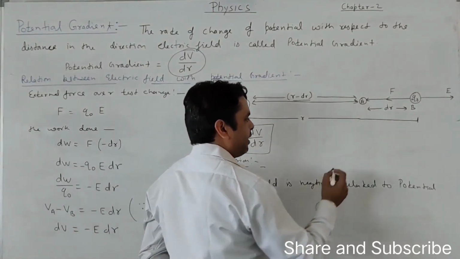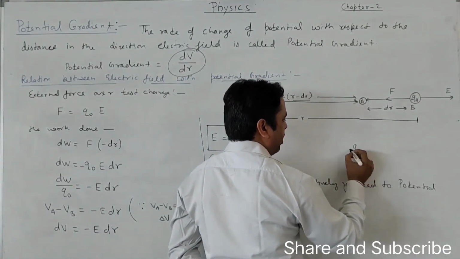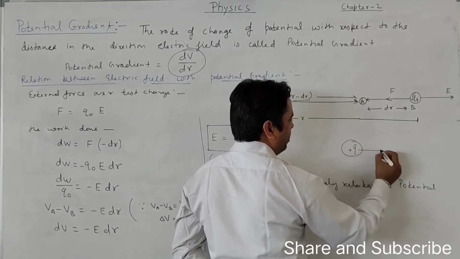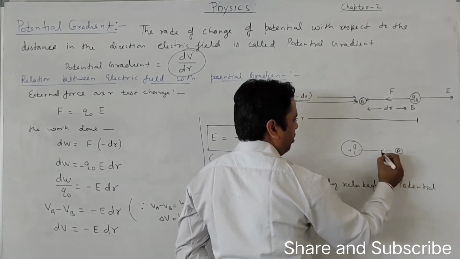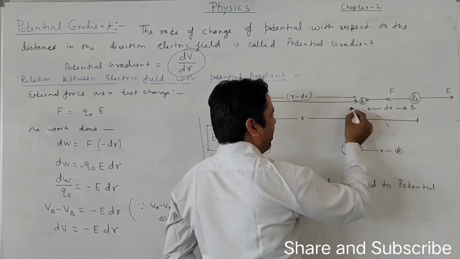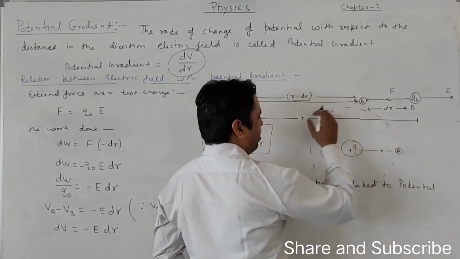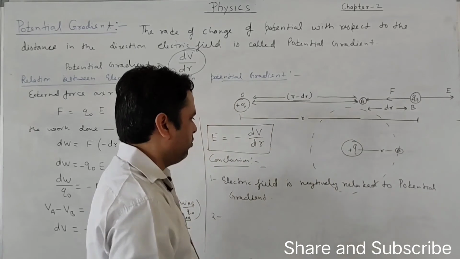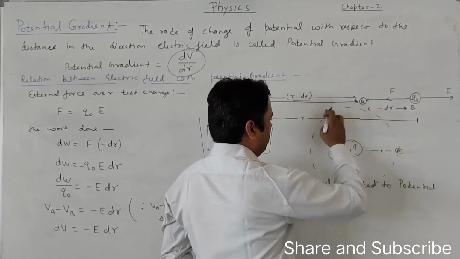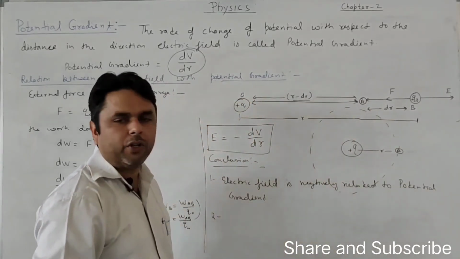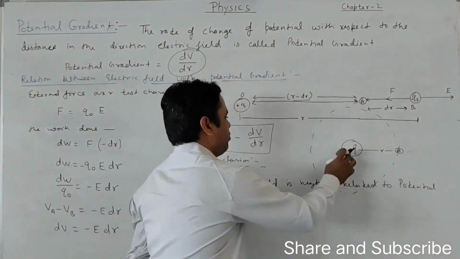If the charge is here and we have the point A at distance r, then around it, at the same distance, the potential will be the same. This imaginary circle is called an equipotential circle or equipotential surface around that charge.